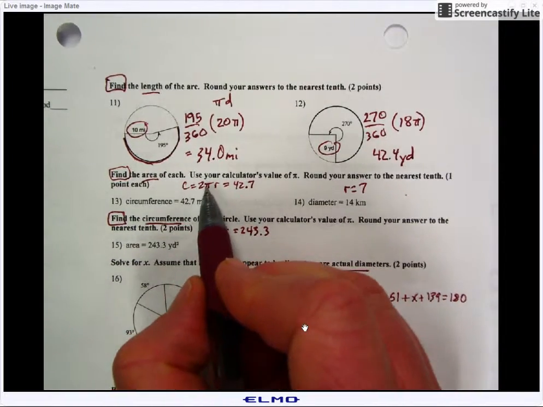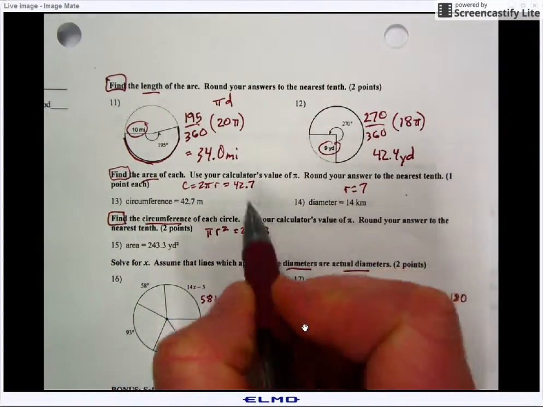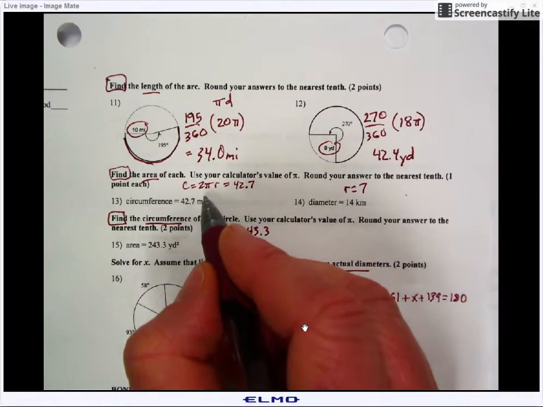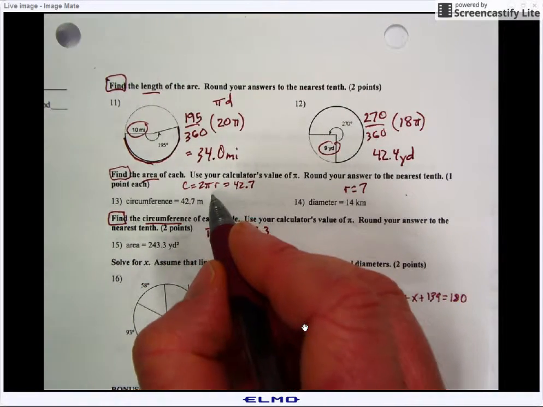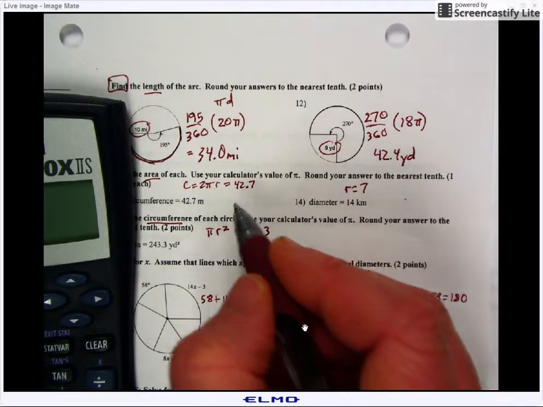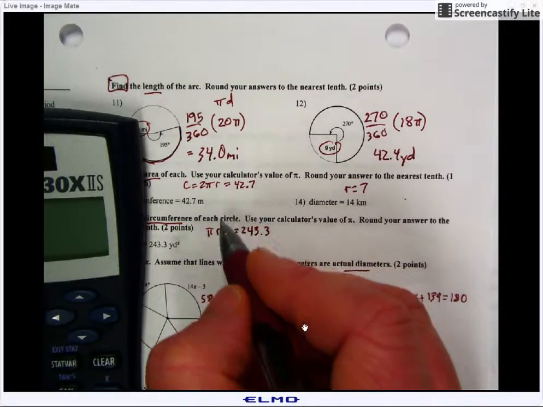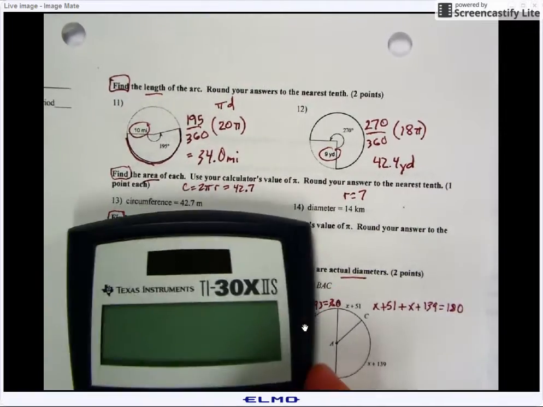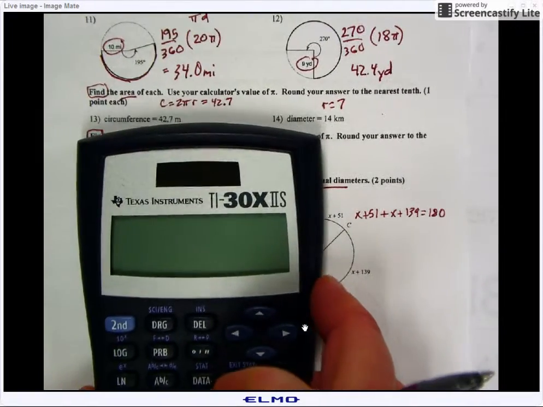Okay, find the area of each. Use your calculator to value, round to the nearest tenth. So when we're finding area, we need to know the radius. They don't tell us the radius. So we have an equation for circumference, and we're going to divide to find out what the radius is. So I'm going to solve this equation.